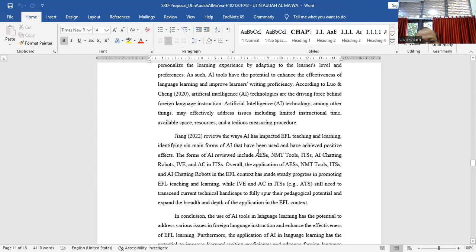And then you have too many initialisms here, like construction, like NMT tools, AES. Now, you cannot present this unless you give the explanation, because not everyone understands what you mean by that.